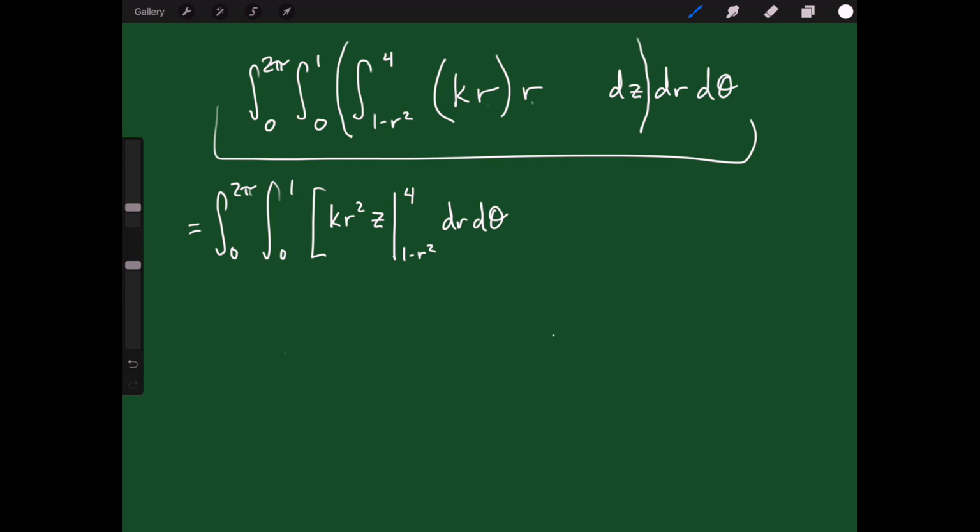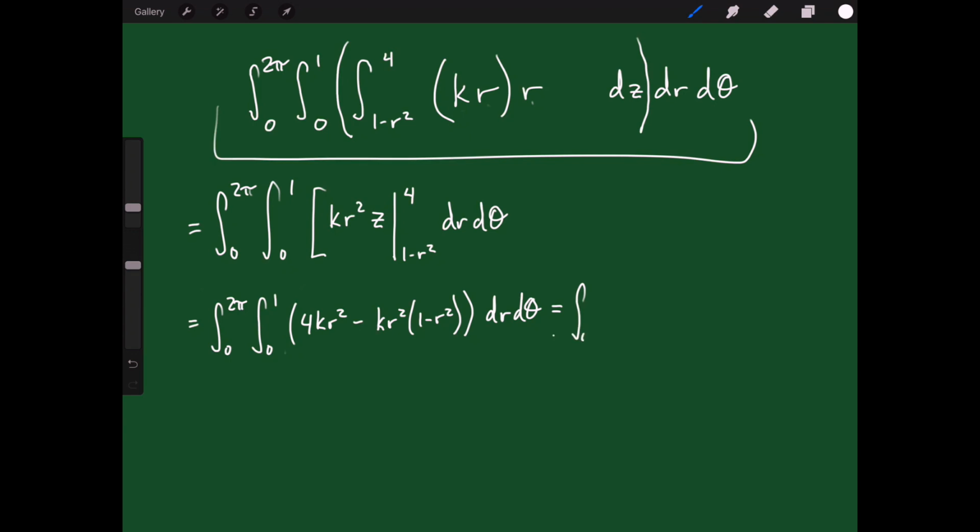All right, let's plug things in. When I do, I get integral 0 to 2 pi, integral 0 to 1 of, if I plug in 4 for z, I get 4k r squared minus, and now I want to plug in 1 minus r squared for z, and I get k r squared times 1 minus r squared, dr d theta. And now I could simplify that a little bit, and I think I would like to.